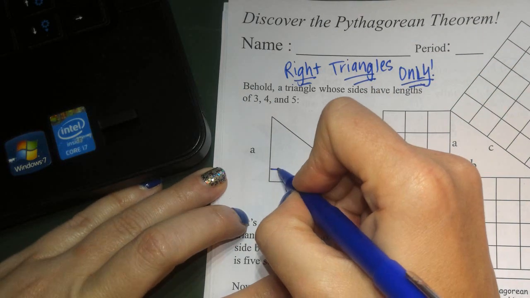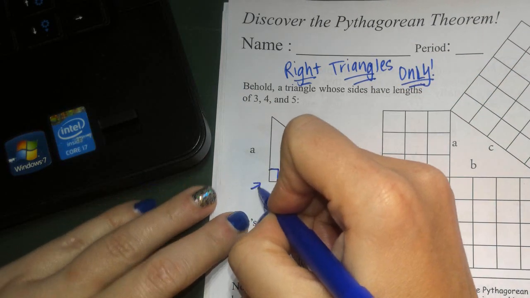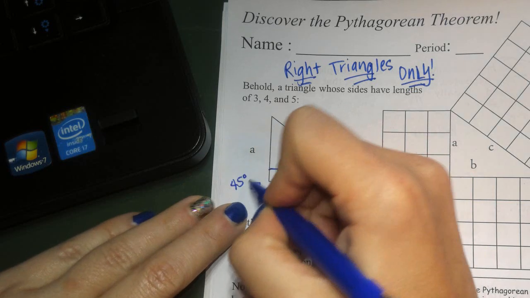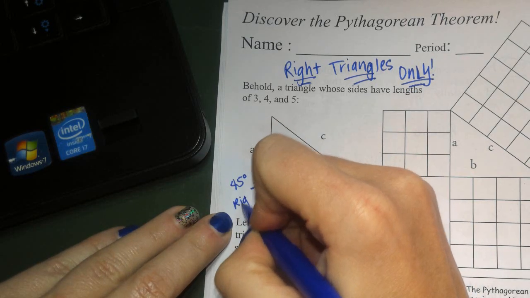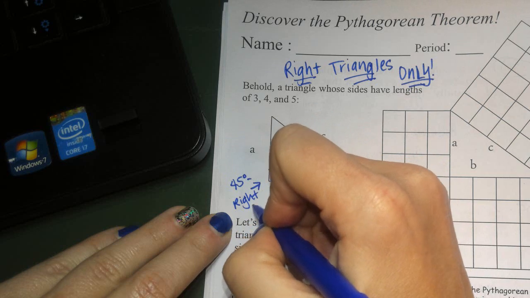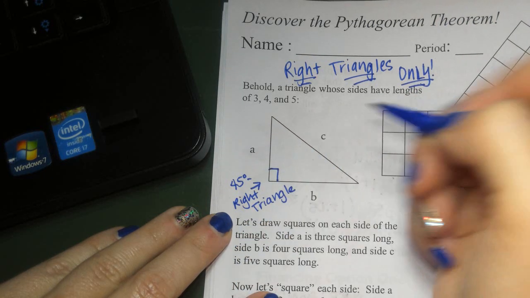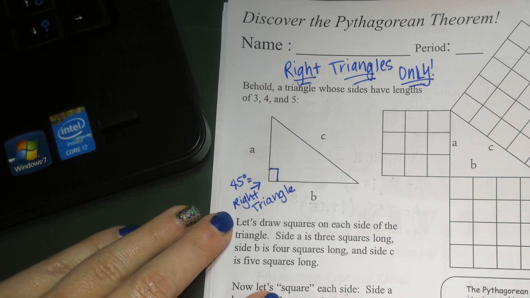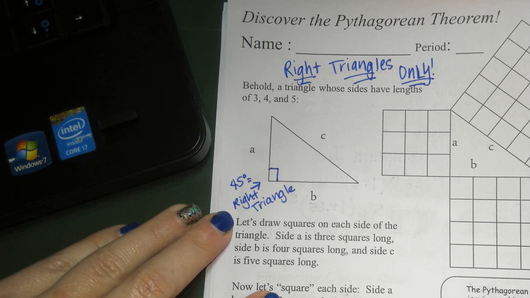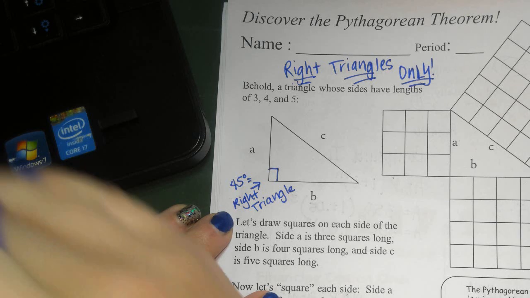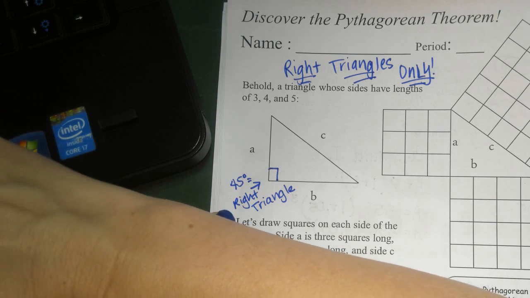So here we know this is a right triangle because there's a right angle here. And so that's a right triangle. So you guys know what a right angle is.